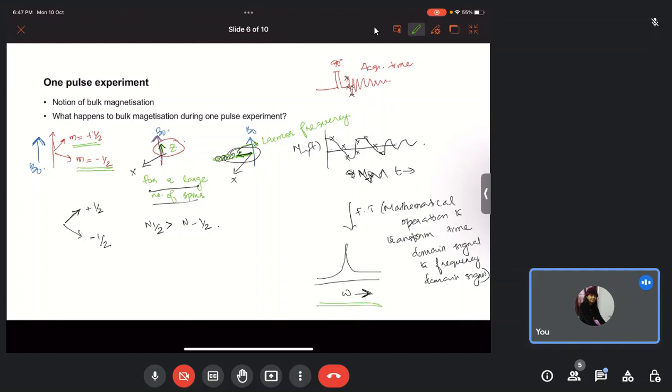So this is how a normal one pulse experiment works, and the frequency at which it precesses around the B0 field is its Larmor frequency. In the frequency domain spectrum we see a Lorentzian peak at the Larmor frequency of the spin that we are interested in.